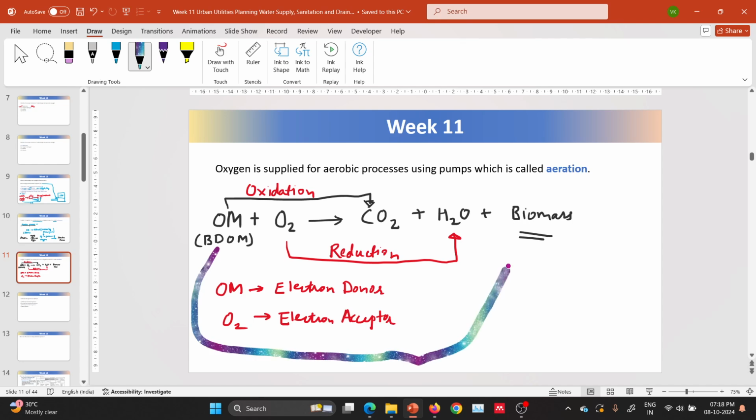This organic matter is getting converted into biomass because microorganisms will consume this biodegradable organic matter, and they will multiply or grow, and they will produce biomass. This is the concept.